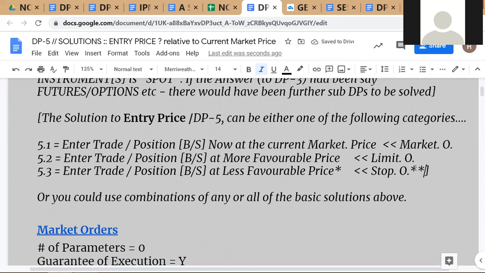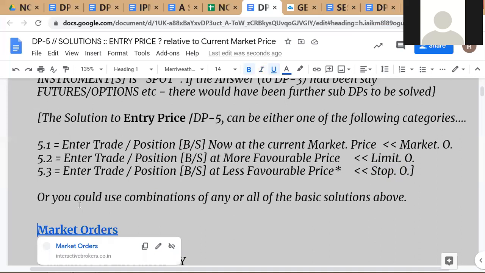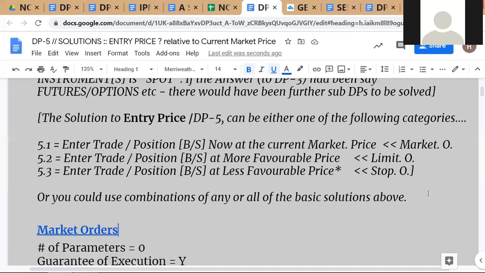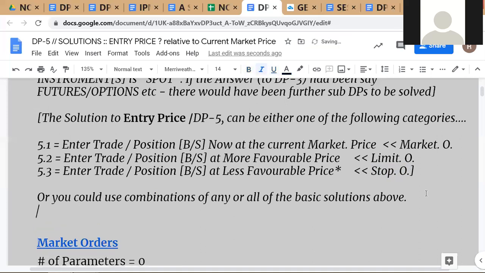But this is true of everything actually. All three orders, and basically all order types almost.